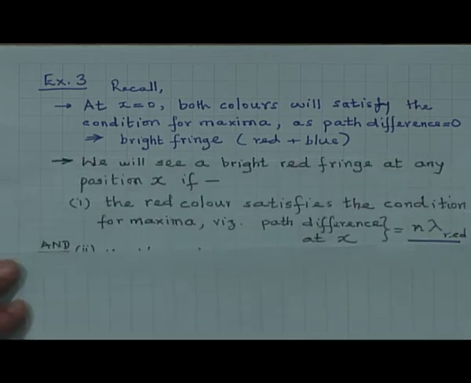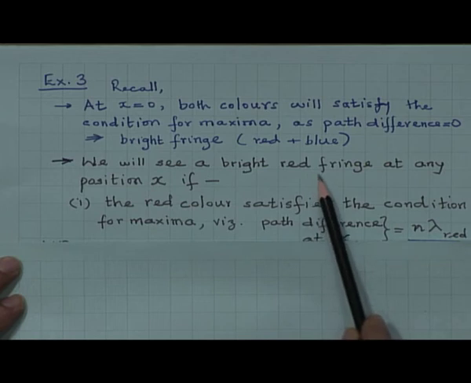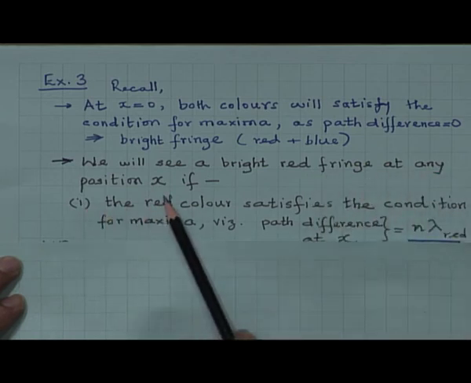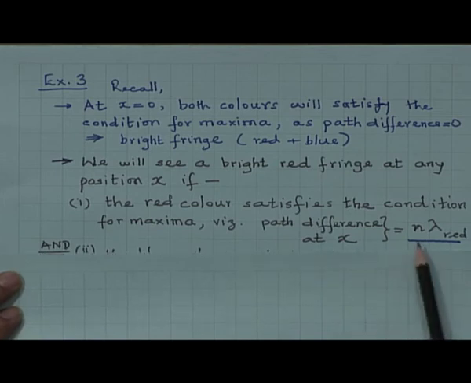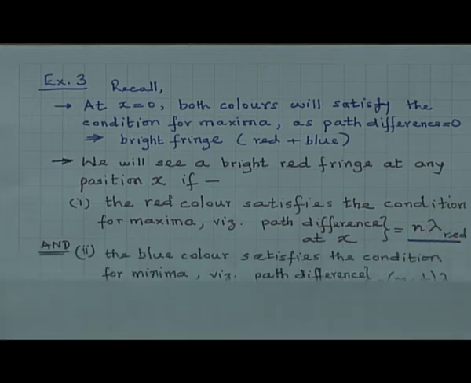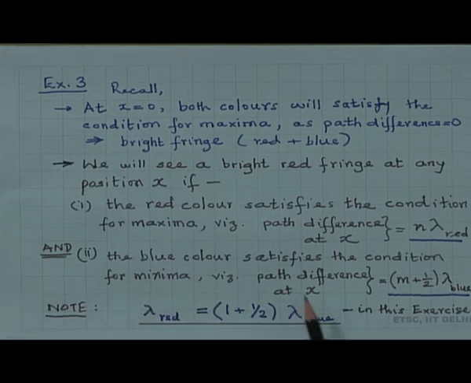The second thing is, we will see a bright red fringe at any point x if the red color satisfies the condition for maxima, namely path difference at x must be equal to an integral multiple, n times lambda red, the wavelength of the red light, and the blue color should satisfy the condition for minima, namely path difference at x must be equal to (m plus half) times lambda blue. So, both the conditions have to be satisfied simultaneously.